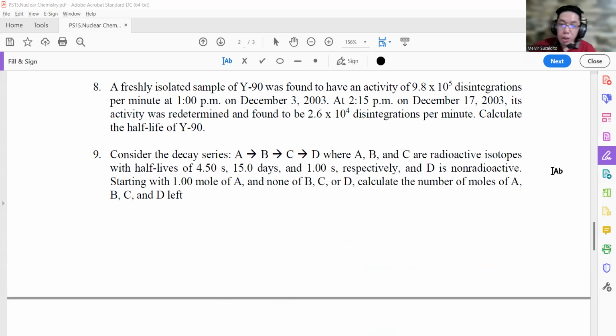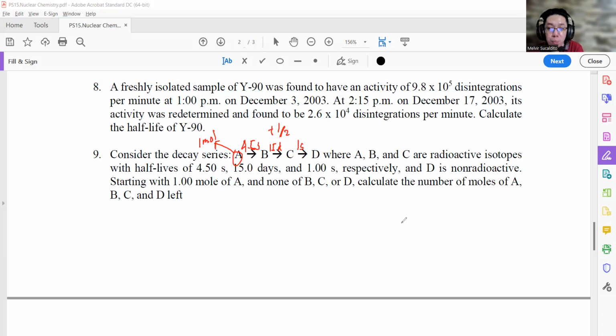So A, that's the half-life of 4.5 seconds, then B going to C, 15 days, then C going to D, 1 second. Then D is non-radioactive. Starting with 1 mole of A.